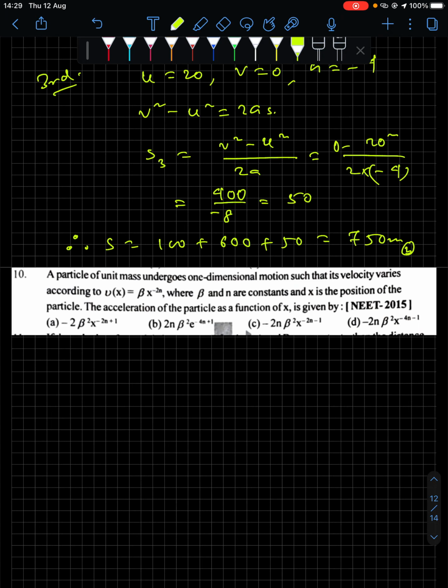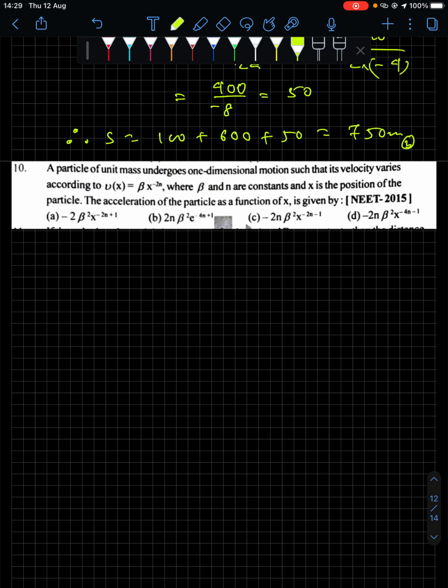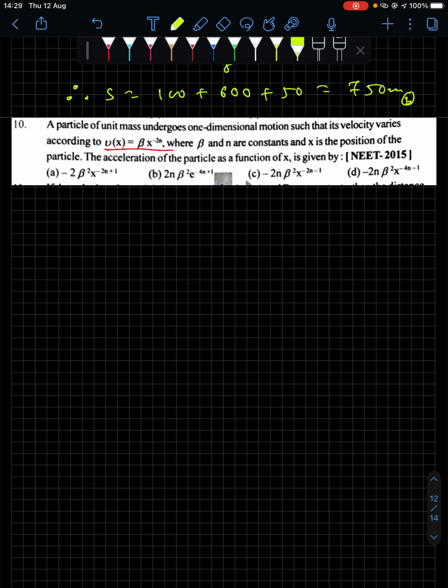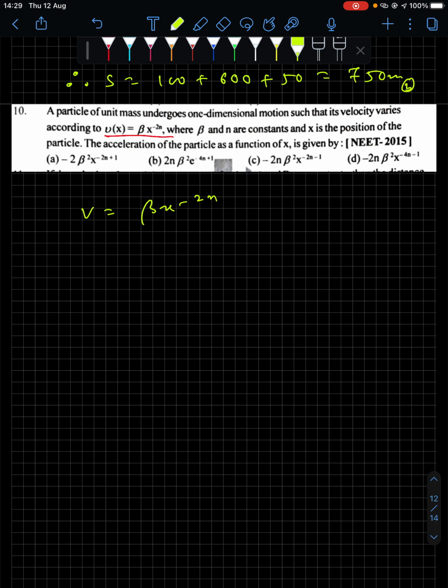Question number 10. Particle of unit mass undergoes one-dimensional motion such that its velocity varies in accordance with this equation. Now you have to find out the acceleration as a function of x. So you see, initially velocity is given as beta x to the power -2n.